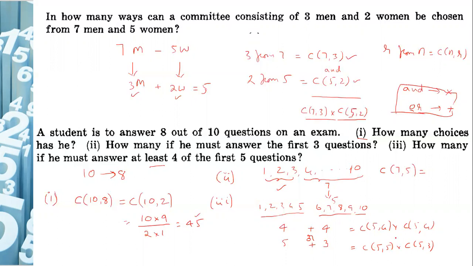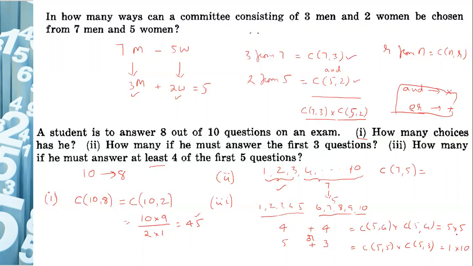But what we have to do with these two numbers? This is actually 5 into 5, which is 25. And this number is C of 5 comma 5, which is 1, times C of 5 comma 3, which I think is 10. Check that, 10.